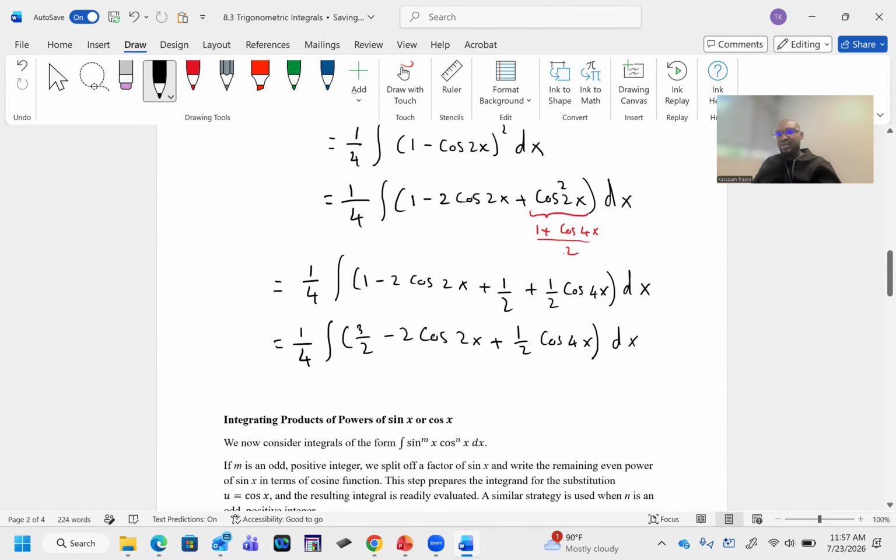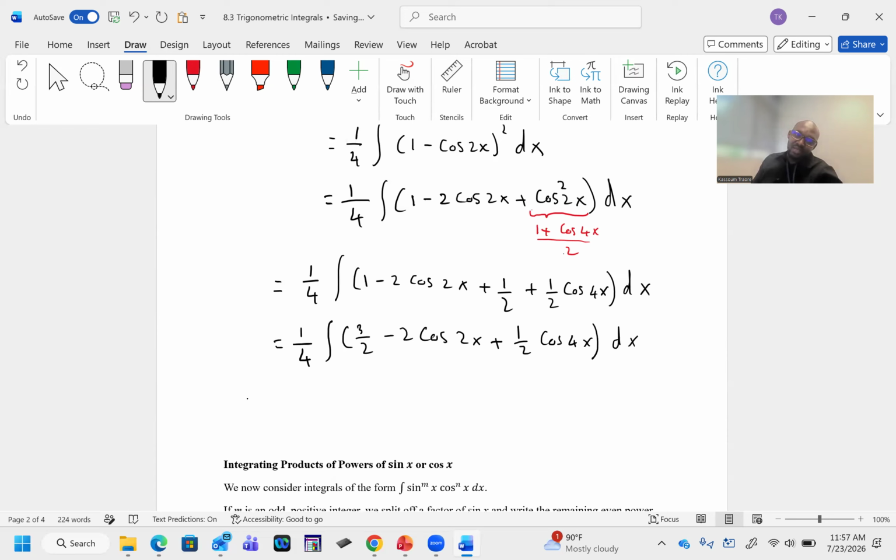Then we can easily integrate this using the basic integration formula.